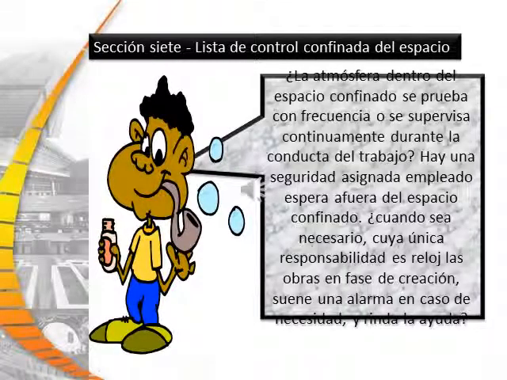Is the atmosphere inside the confined space frequently tested and continuously monitored during the conduct of the work? Is there an assigned safety standby employee outside the confined space when required, whose sole responsibility is to watch the work in progress, sound an alarm if necessary, and render assistance?